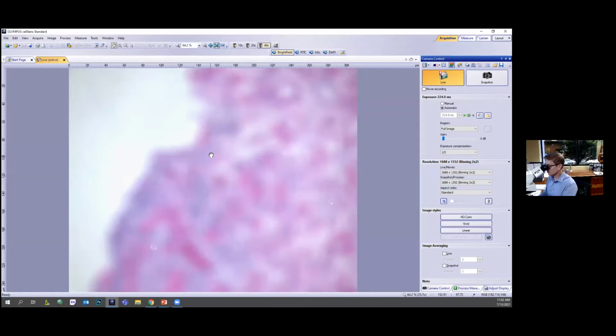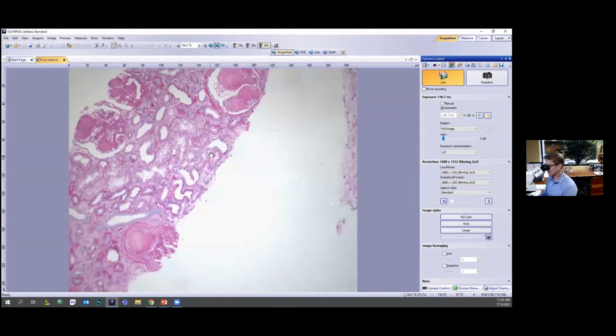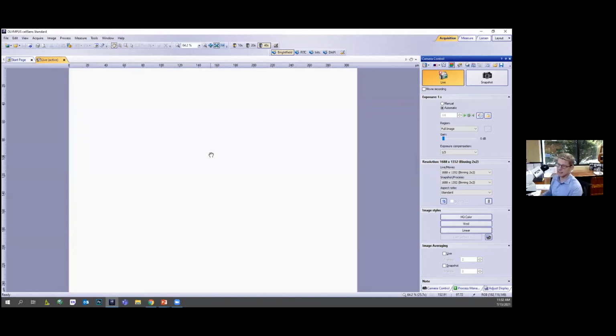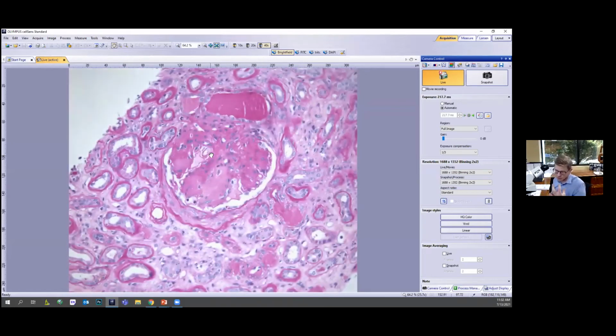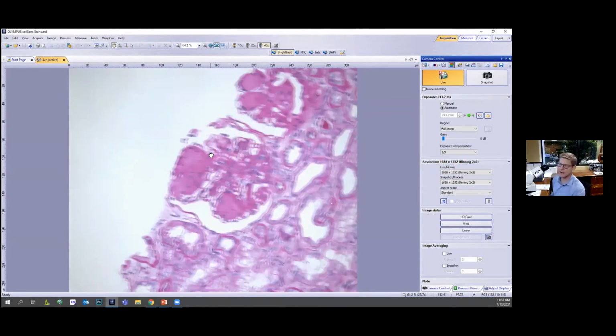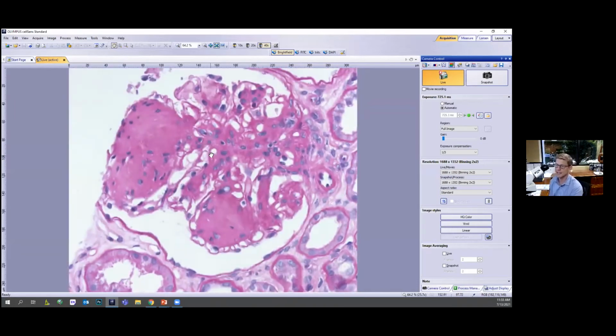So let me show you a couple of the more common diagnoses a renal pathologist would make. I'm showing you now the most common cause of kidney disease in the United States. This is what you see in diabetes. And you can tell that this glomerulus is very different from the last glomerulus I showed you.